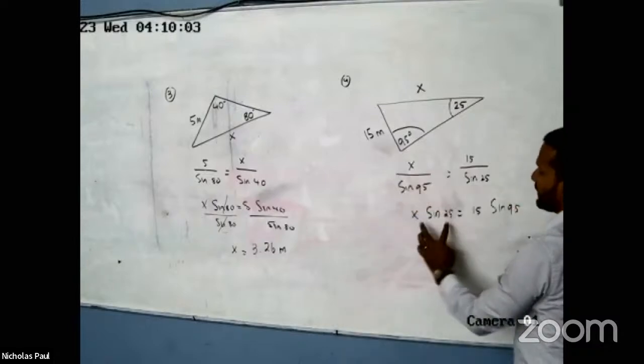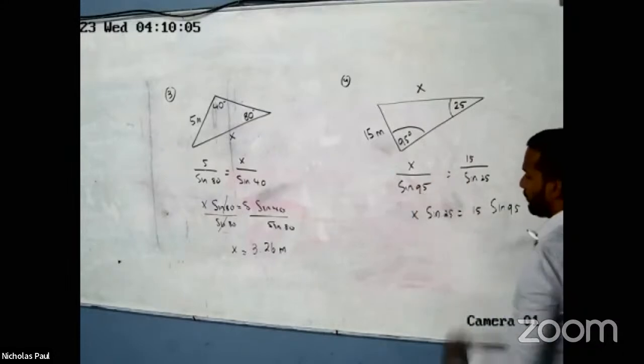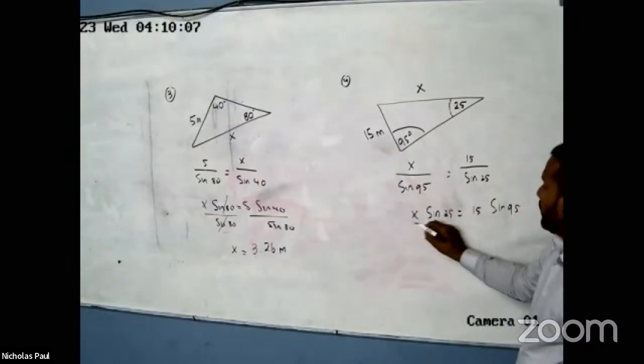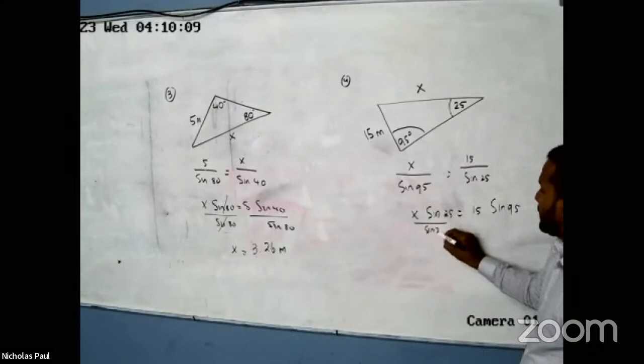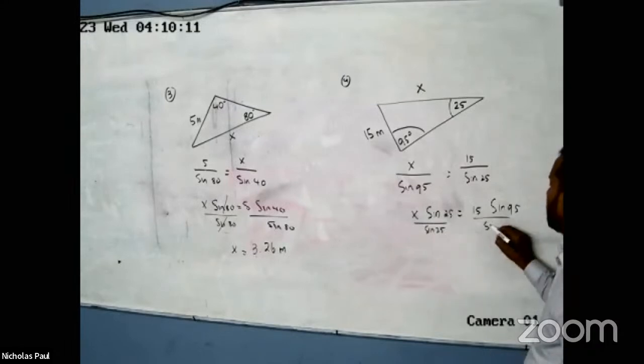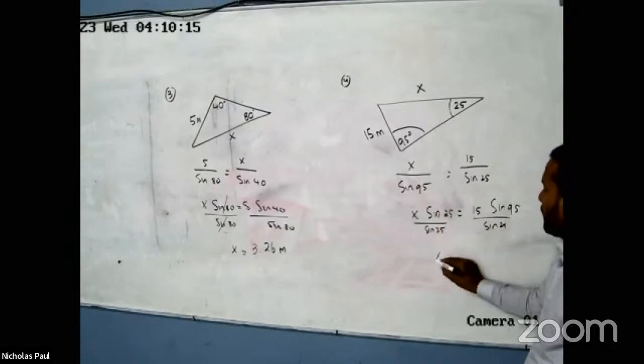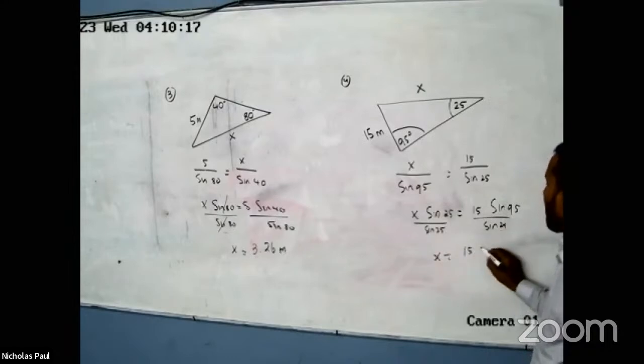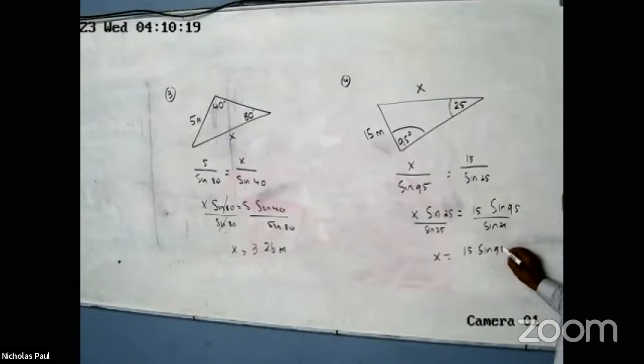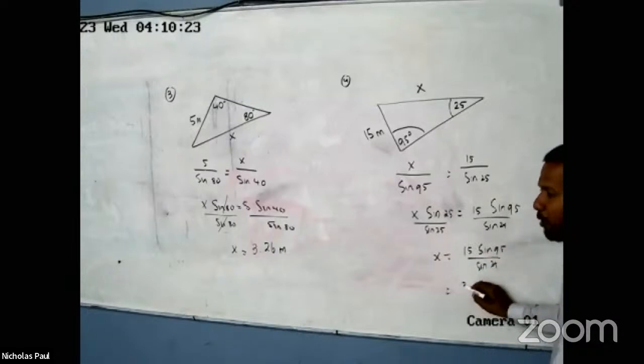This by this is this by this is this. And then you can divide both sides by sine 25. It's up to you, right? You can divide both sides and just move this across. X is equal to 15 sine 95 all over sine 25, which is 35.4. Yes.